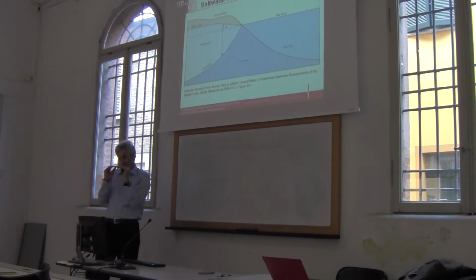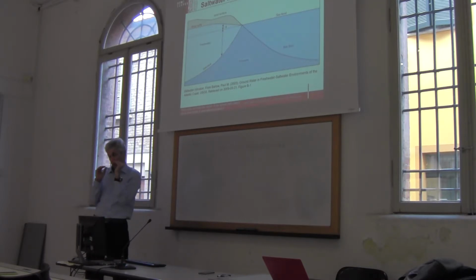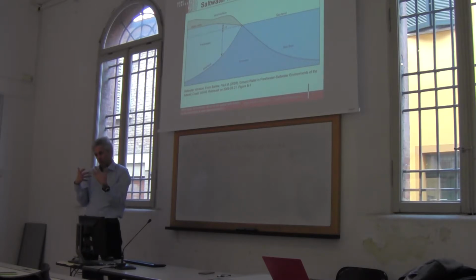So if you have fresh water that is just a bit above with respect to salt water, it means that the energy of fresh water and the energy of salt water are comparable. And therefore, this means that salt water may prevail or has a comparable energy.